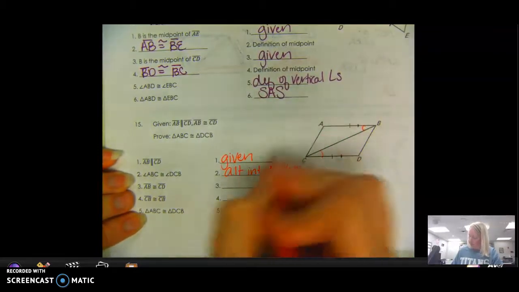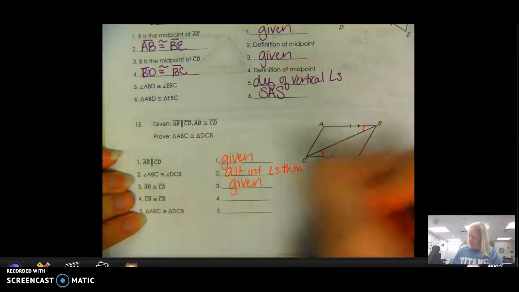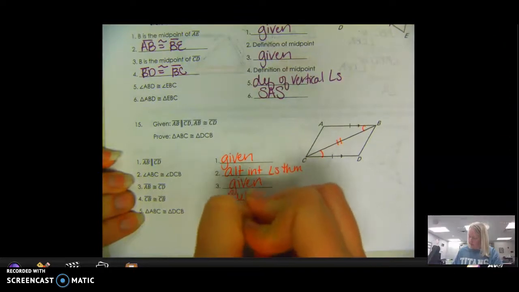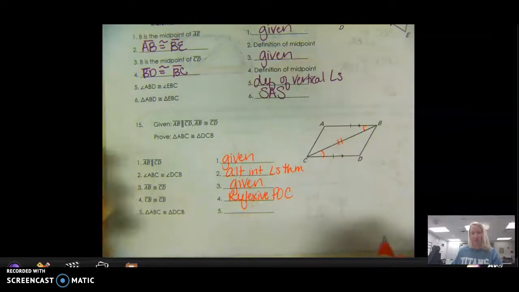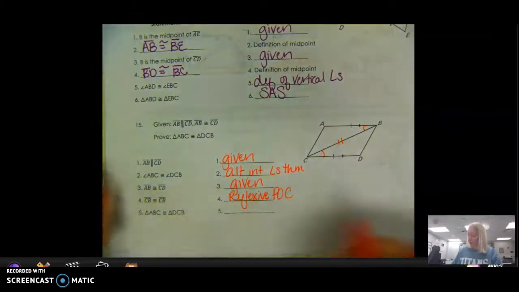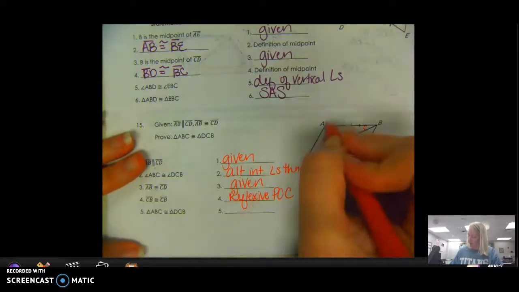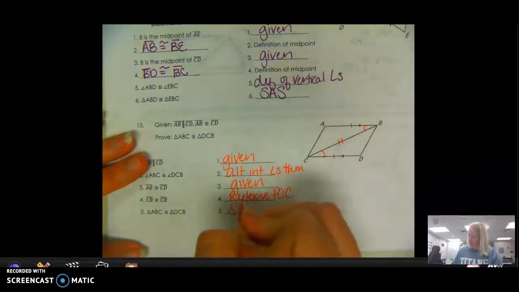A to B is congruent to C to D. That was a given. This is congruent to itself. That's reflexive. Now, this triangle right here is congruent to this triangle by, well, I have a side here, I have an angle here, and then I have another side. So that would be side, angle, side.